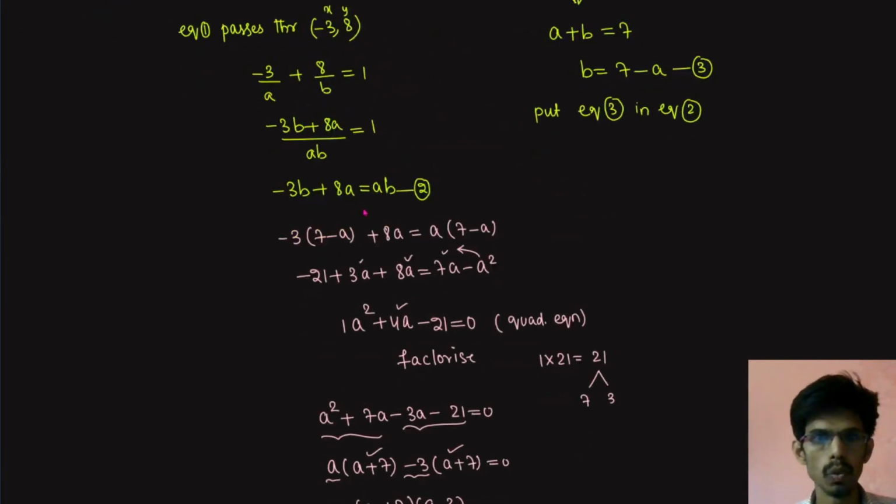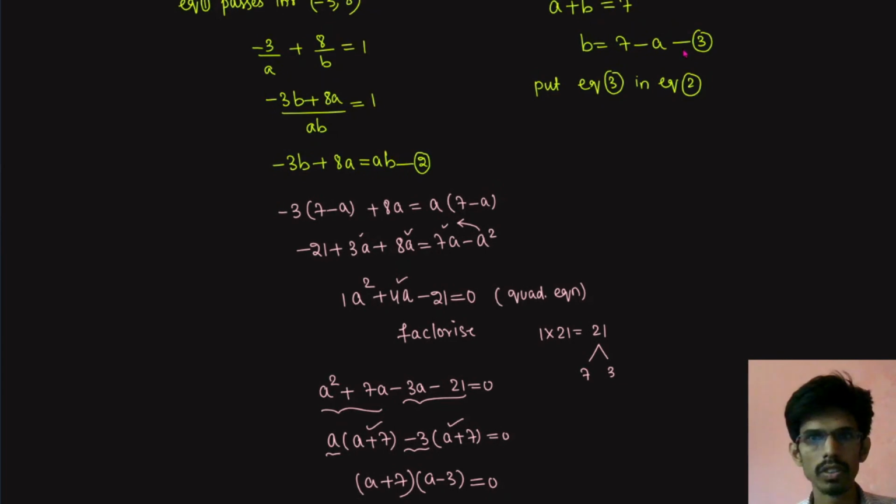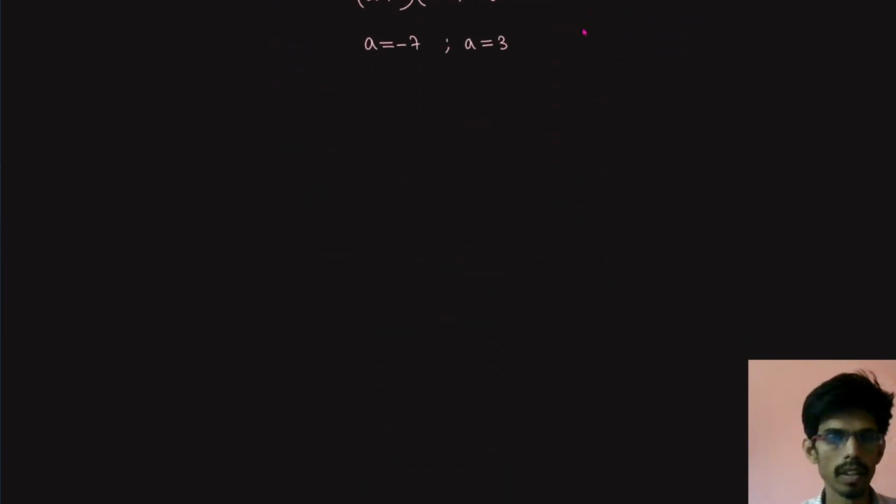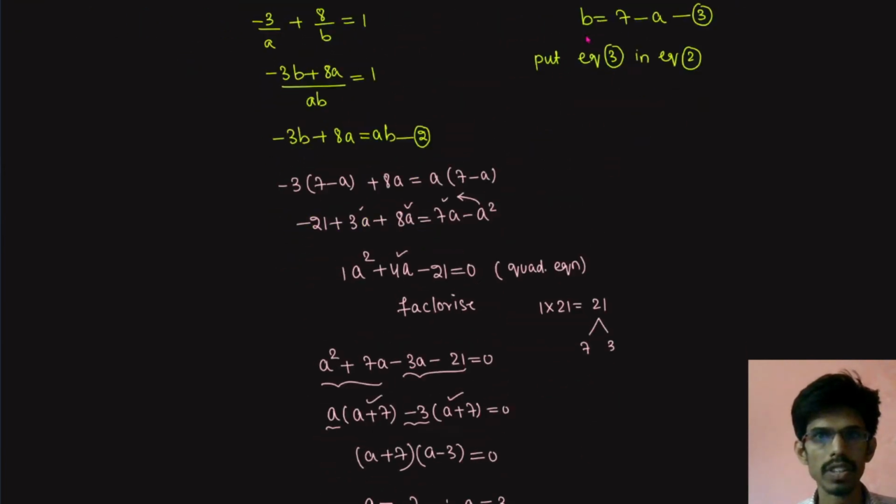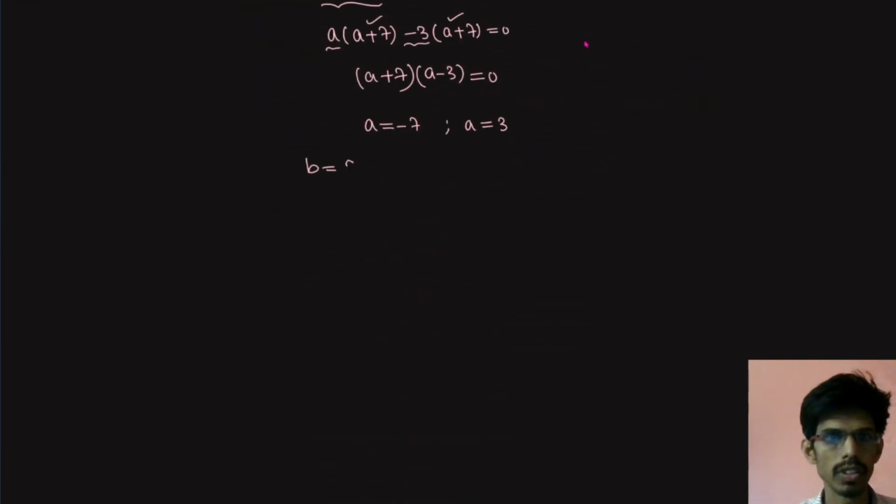Put this value of a in equation 3. So I'll get b. What is the value of b? 7 minus a. So this will become 7 minus of minus 7. This will be 14.